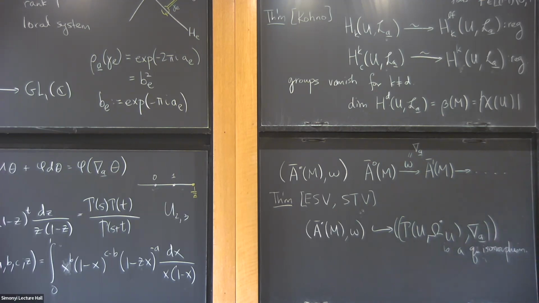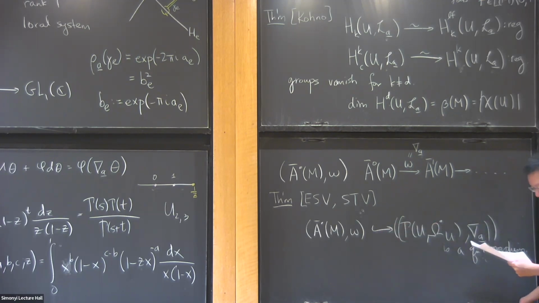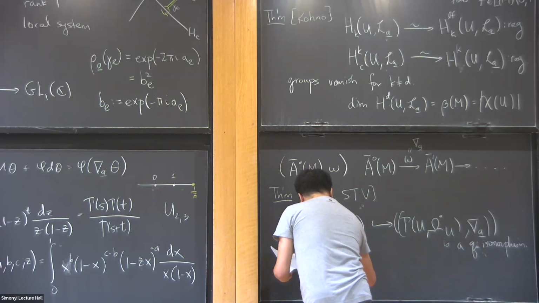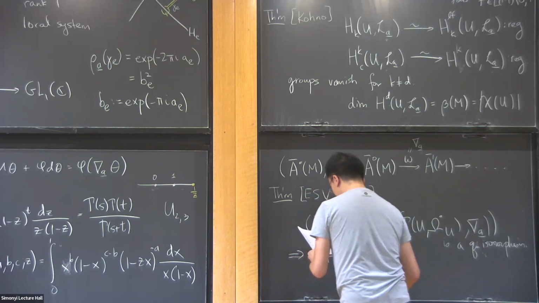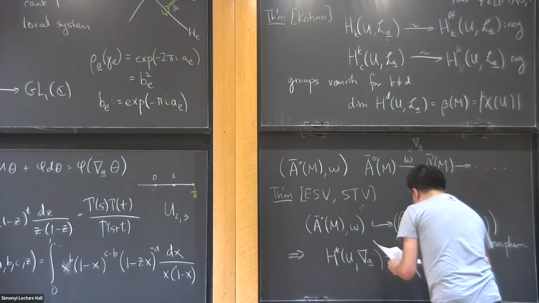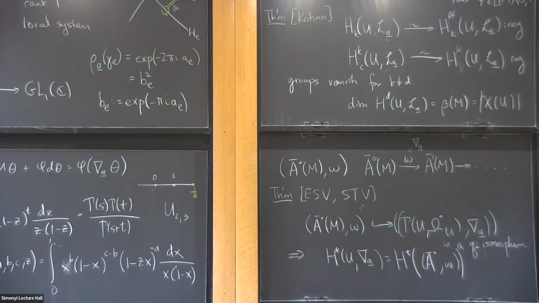So the natural inclusion of this complex into the global sections of the sheaf of algebraic differential forms. This is some complex, and the inclusion is a quasi-isomorphism, and that implies that the cohomology of this complex calculates the cohomology of the connection.